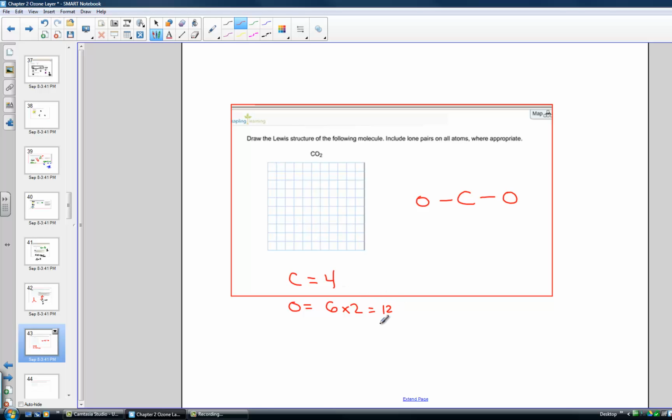So all together I get 16 dots, which the dots represent electrons. And so far, out of the 16, just by connecting the oxygens back to the carbon, I've used 1, 2, 3, 4, leaving me 12 remaining. Fill the octet of the outer atoms first.